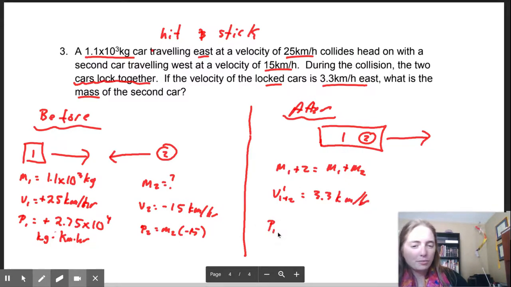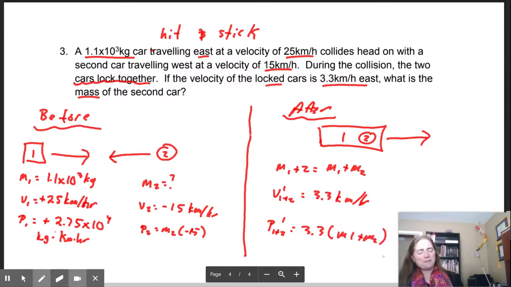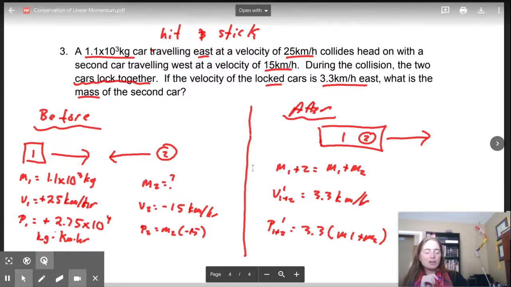And P 1 plus 2 prime is 3.3 times M1 plus M2. That's as much as we can do right now. Can you guys foresee the algebra coming? Be prepared to bust out your algebra skills.